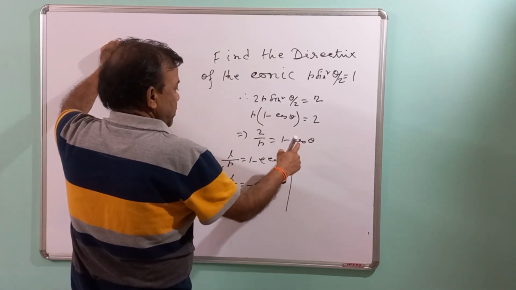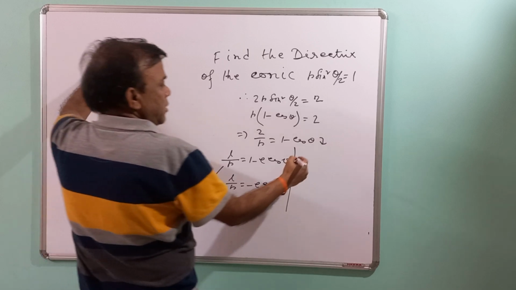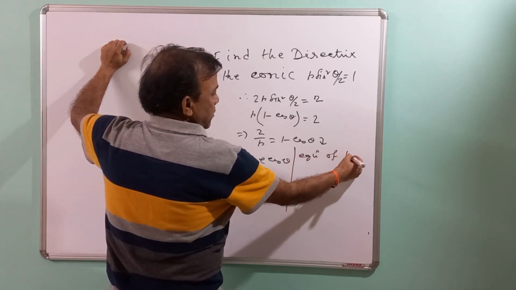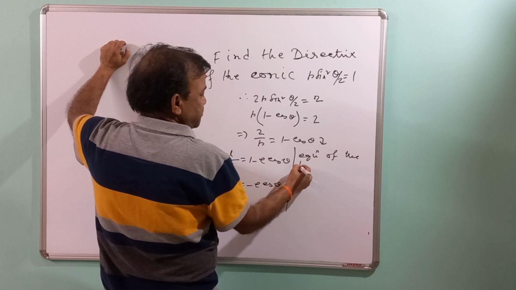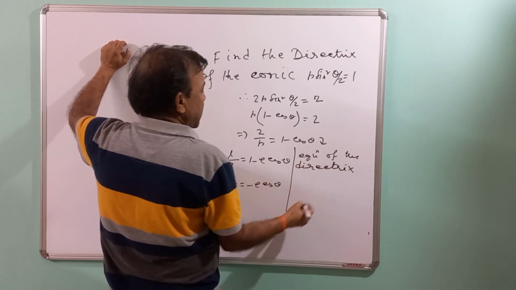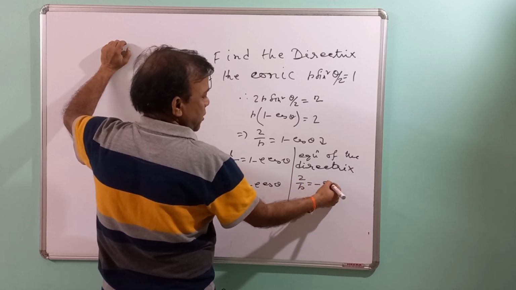Therefore, the equation of the directrix in case of this conic is 2/r = −cos θ.